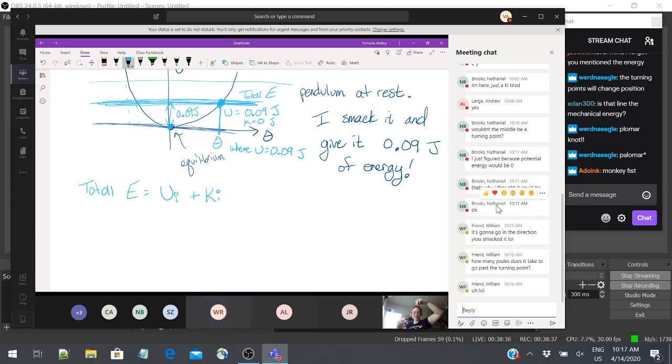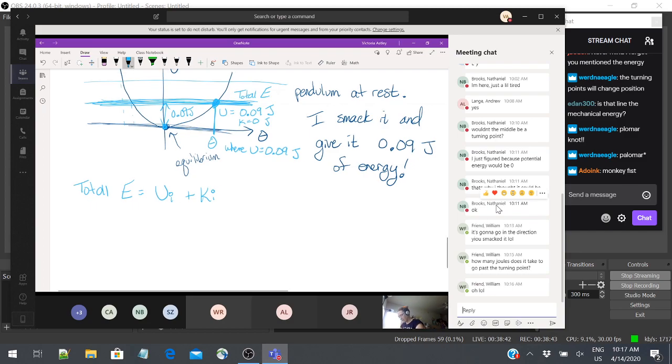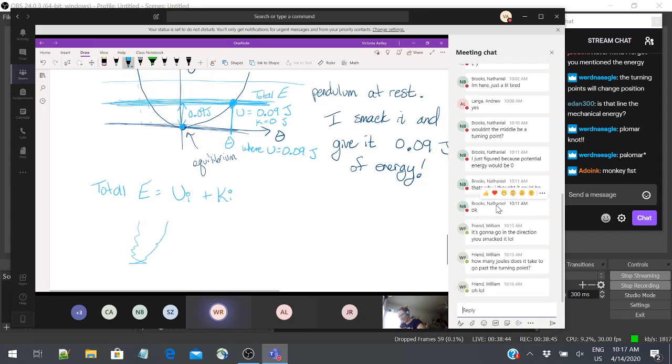If I pull it out to 10 degrees and push it, it's going to swing out further than that because my starting point was here, but my total energy was here. So it's going to swing down and then up further, out further, out further, right? So this is K initial, this is U initial.